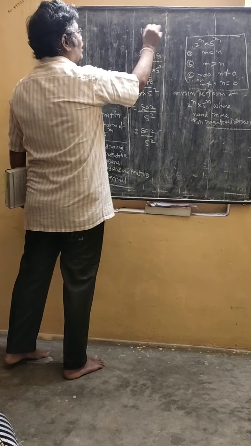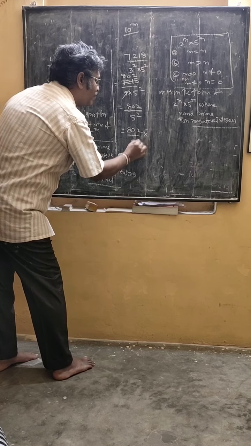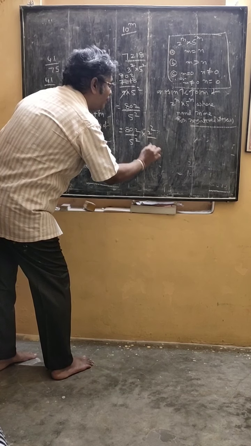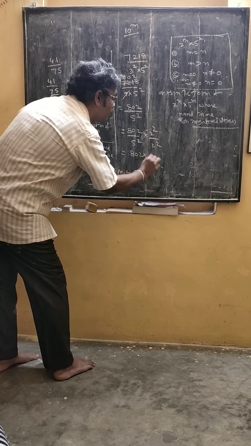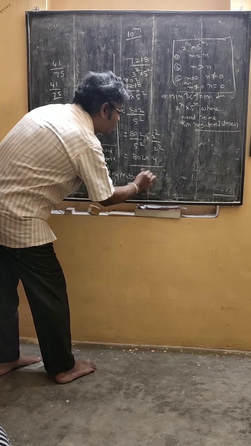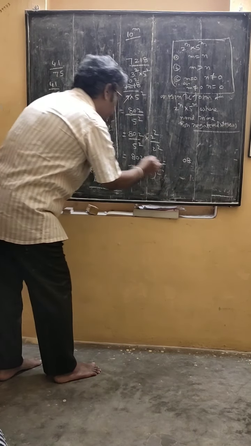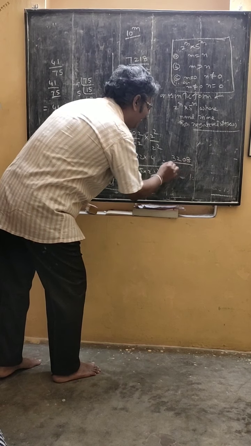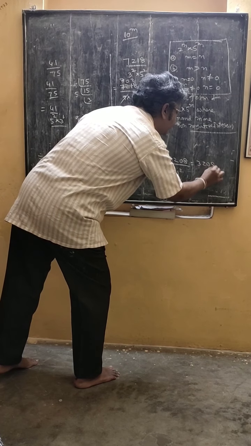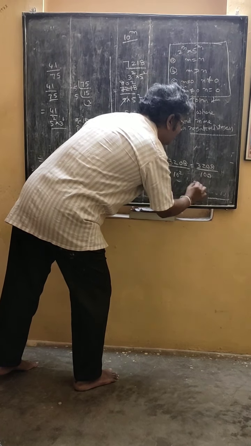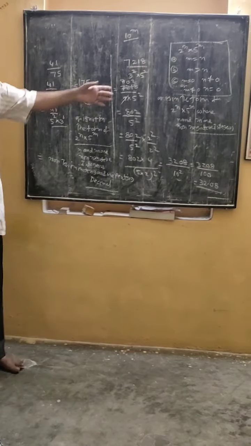To convert it into 10 to the power of m, we should multiply by 2 square, since the exponent of 5 here is 2. So multiply both numerator and denominator by 2 square. 2 into 2 square means 4. 4 into 8 is 32, by 5 into 2 whole square, that is 10 square, so 3208 by 100, that is equal to 32.08.